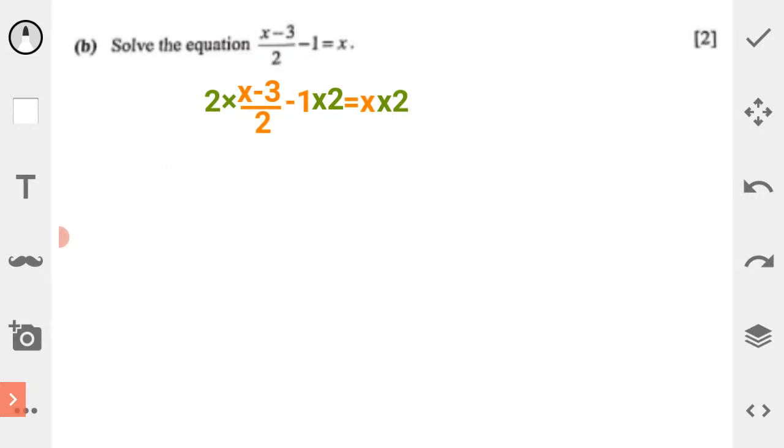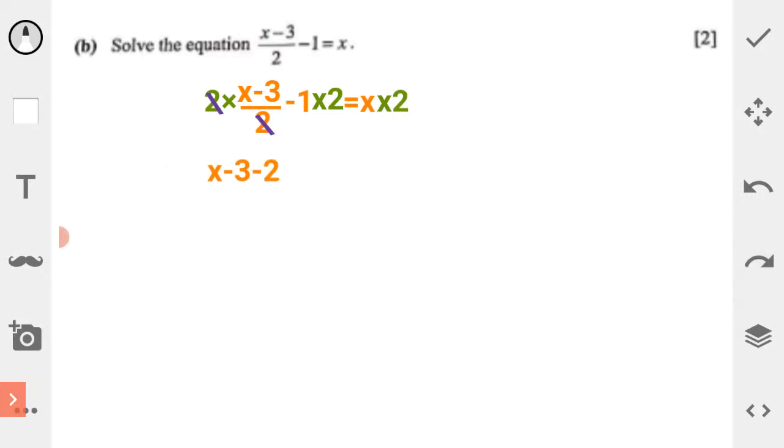Once I've done this, when you look at the first term, if you multiply 2 by x minus 3 over 2, that means these 2 and these 2 will cancel each other out. Then I'm going to write what is remaining. So I'm remaining with x minus 3 minus negative 2.